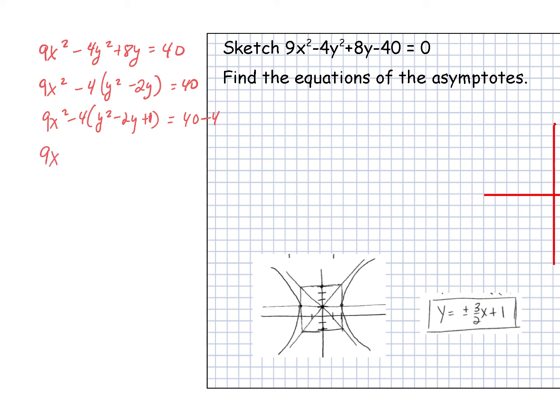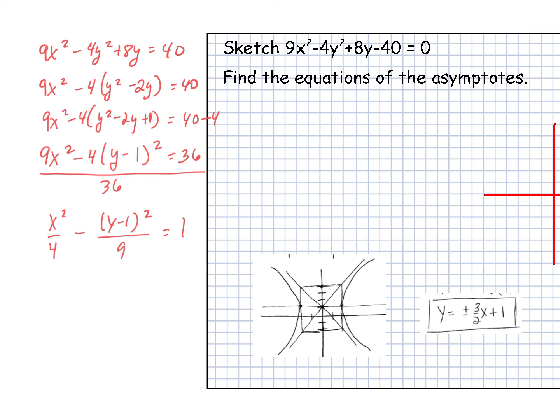So now, cleaning it up, I have 9x squared minus 4 times y minus 1 quantity squared equals 36. Great. The 36 is way better than the 40 was. So now I divide through, and I have x squared over 4 minus quantity y minus 1 squared over 9 equals 1. Awesome.